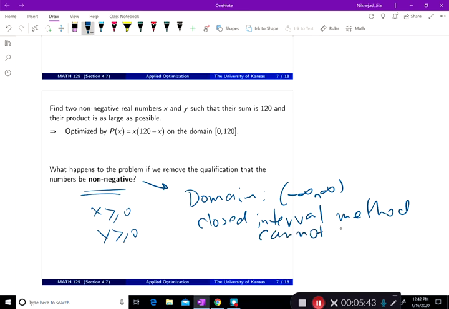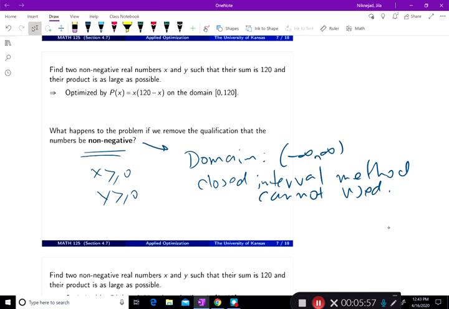And so what do we do? The best way, because you already have the derivative, is to actually use the first derivative test. So when you do the first derivative test, derivative was P prime of x equal to 120 minus 2x. So first derivative test, P prime at 60, and before 60, you get a positive value.